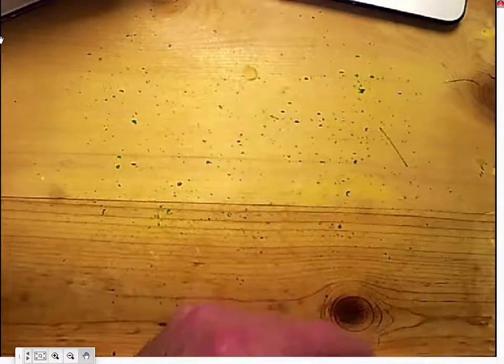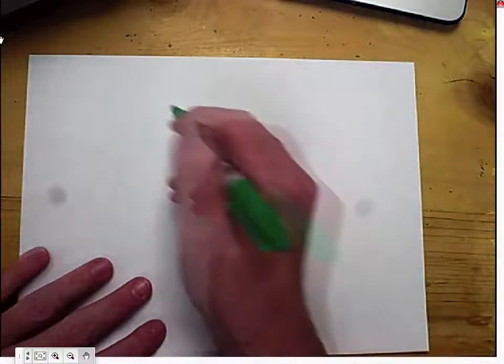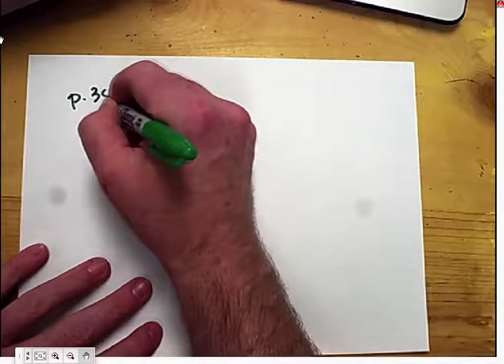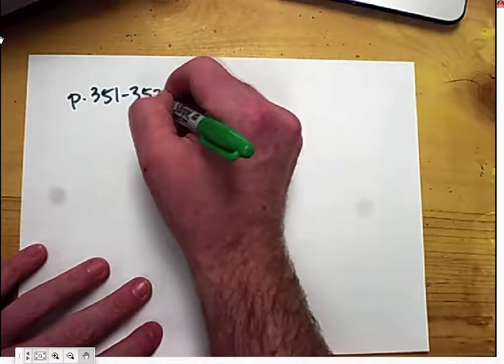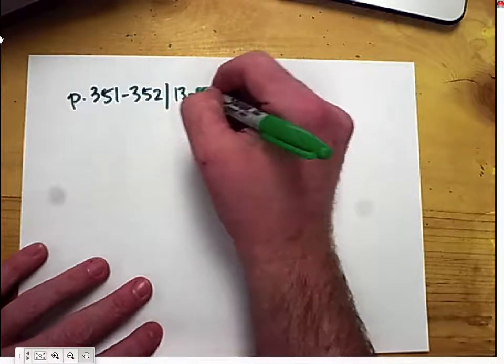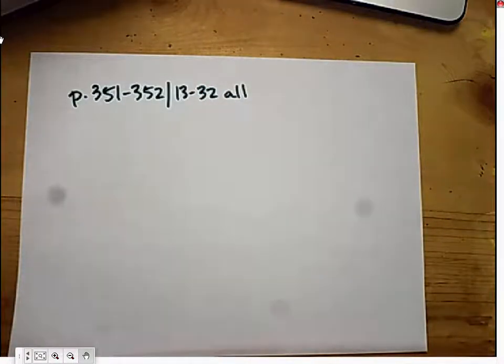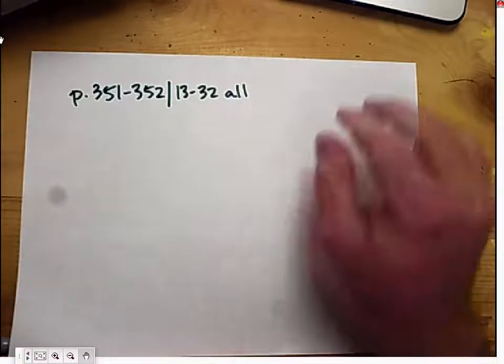Okay? All right. So your homework is on the board, but page 351 through 352, 13 through 32, all. It's not odd this time because there just weren't that many practices, so I didn't think odd was enough for y'all to really get it.